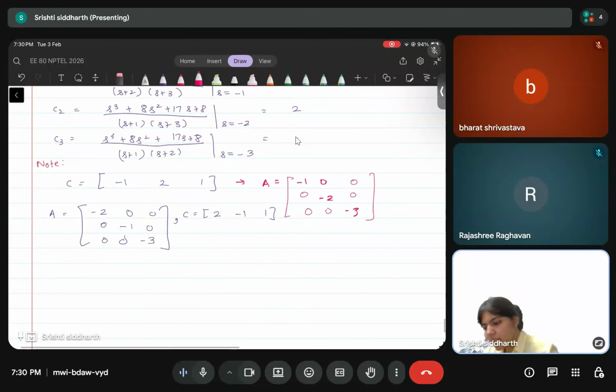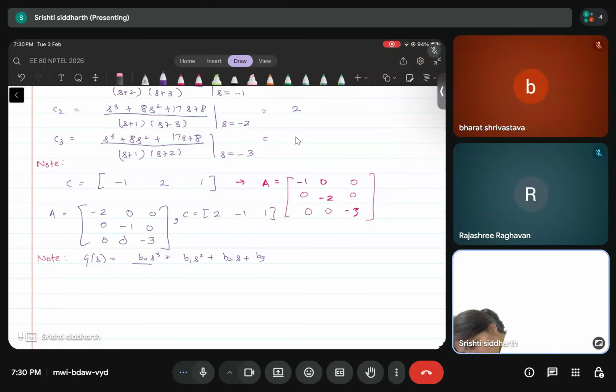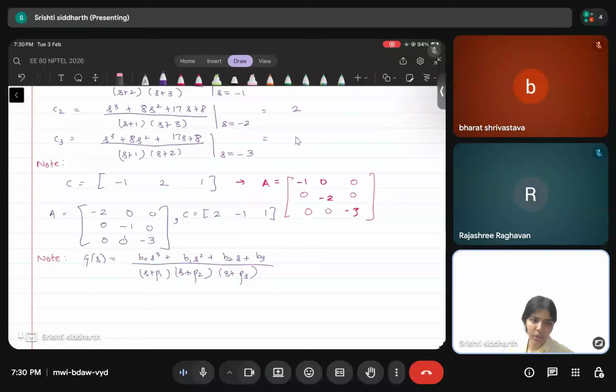Alright, so another thing to observe is that the transfer function is B0 S cubed plus B1 S squared plus B2 S plus B3 over (S plus p1)(S plus p2)(S plus p3). So this is a proper transfer function.